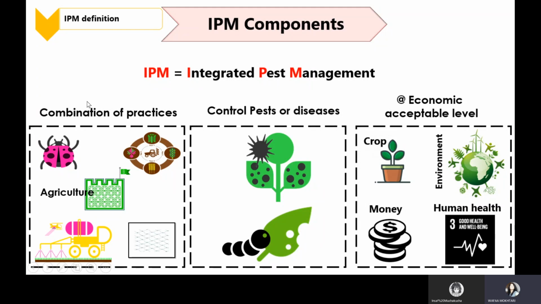So if you do this combination of practices, which are all agricultural, this will control the pests or the diseases, and it will be at an economically acceptable level, which means it may not eliminate the pest or the pathogen 100%, but it will suppress it.